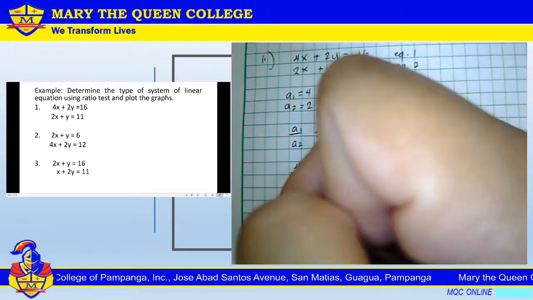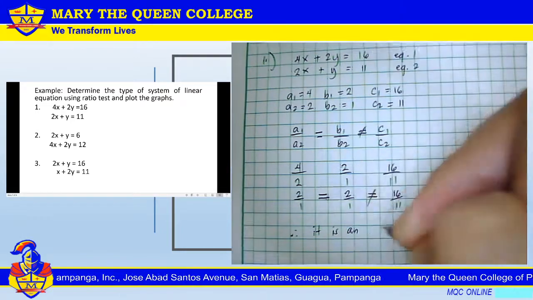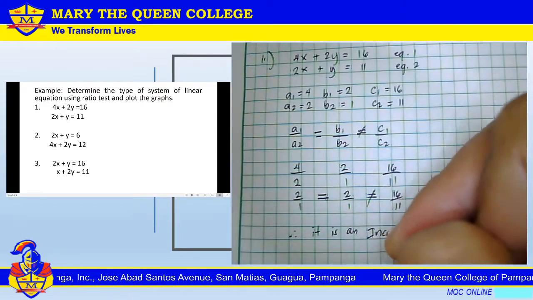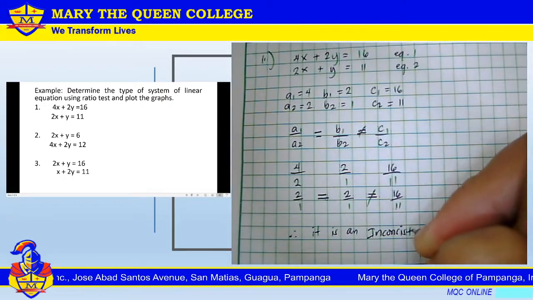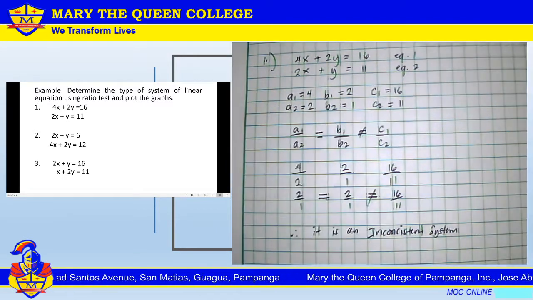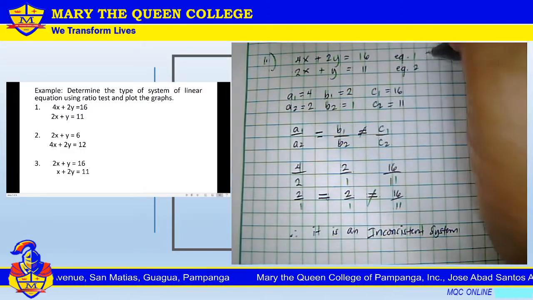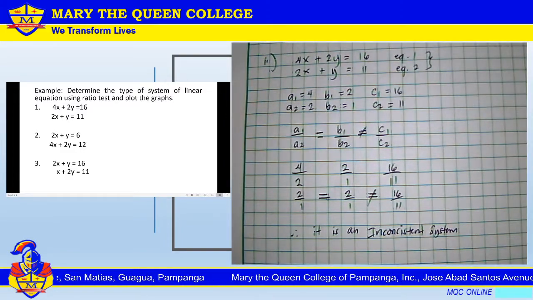Therefore, it is an inconsistent system. So we can now conclude that these two equations are inconsistent.